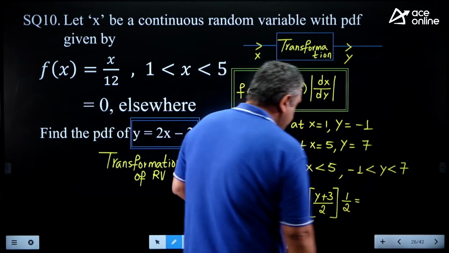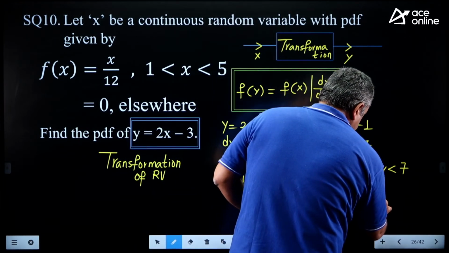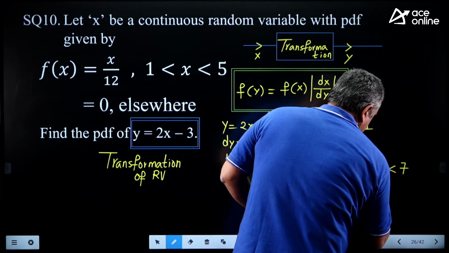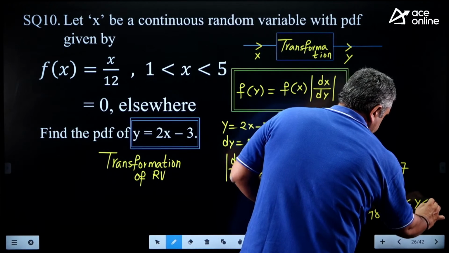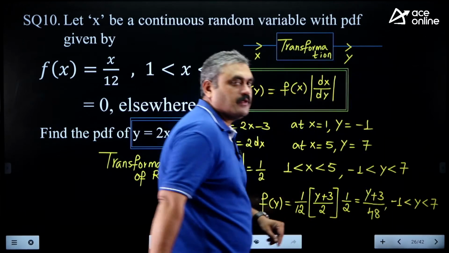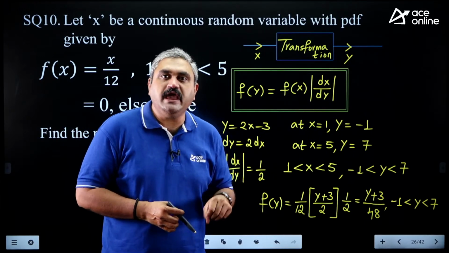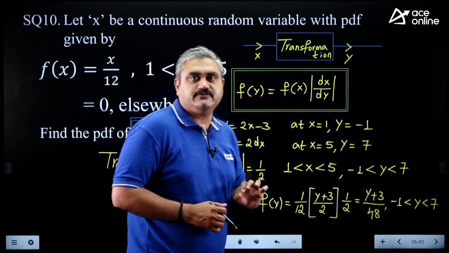That means this will be equal to (y plus 3) by 48, and this is valid when y takes values between minus 1 to plus 7. That's all. This is how we can convert one random variable x into another random variable y using this type of transformation.